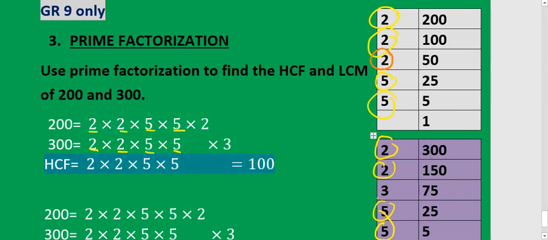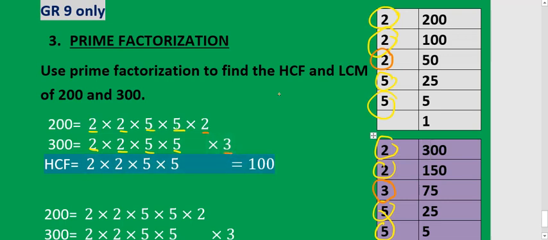And if you look at 300, 300 also has a 3, which is not in common with the factors of 200. So all the ones in yellow are in common. We list them first, and then the 2 over there is not in common. It's only a factor of 200, and this 3 is not in common. It's only a prime factor of 300.